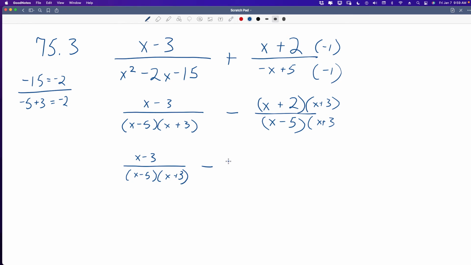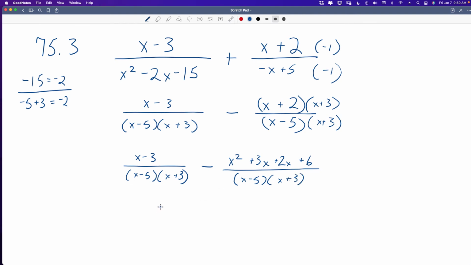So this is going to be x squared. Let me draw my line here so it's not confusing. x squared plus 3x, 2x plus 6. And then this is going to be the same thing, x minus 5, x plus 3.